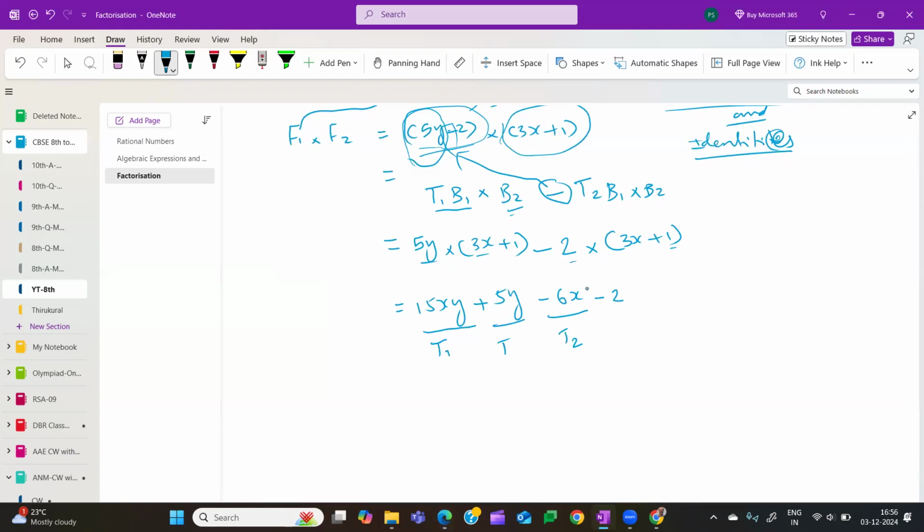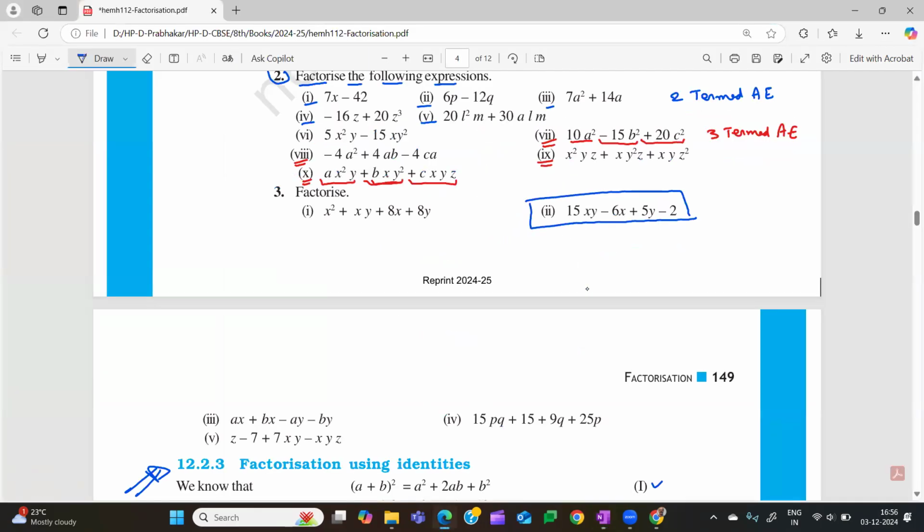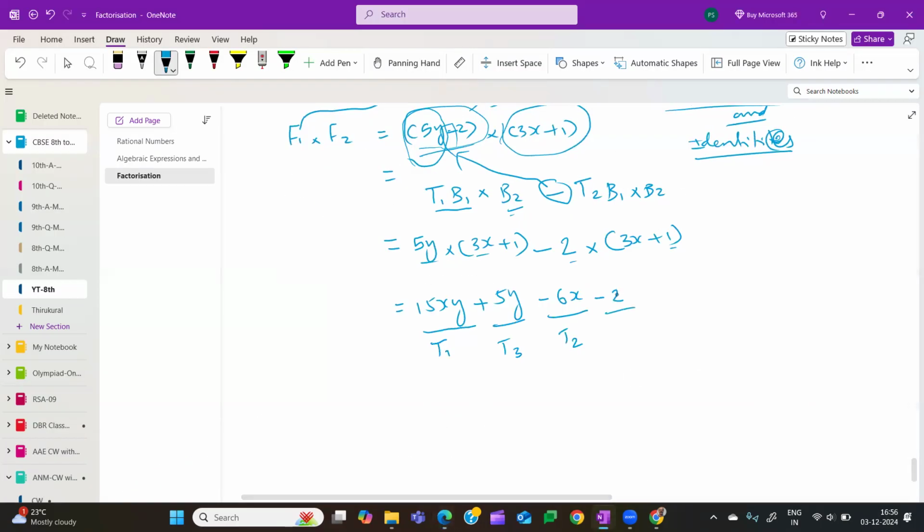Yes, this is the third term of the original algebraic expression. And finally, the fourth term is minus 2. So this is the fourth term. Thus, my answer is verified as okay.